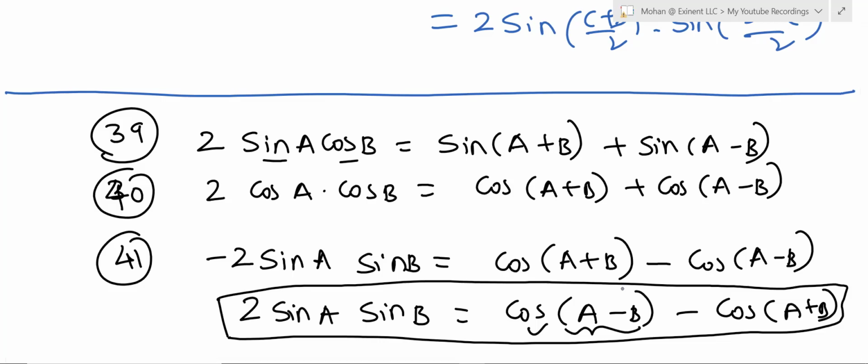Importantly, they are useful in differentiation and integration, most specifically in integration, where if you have the integrand as a product of two trigonometric quantities, you need to split the trigonometric quantities so that integration will become easy. So these formulas would be very useful. I want you to have all the formulas in one place so that whenever you require them, you can have a look at them, try to memorize them and keep them in your own weaponry.